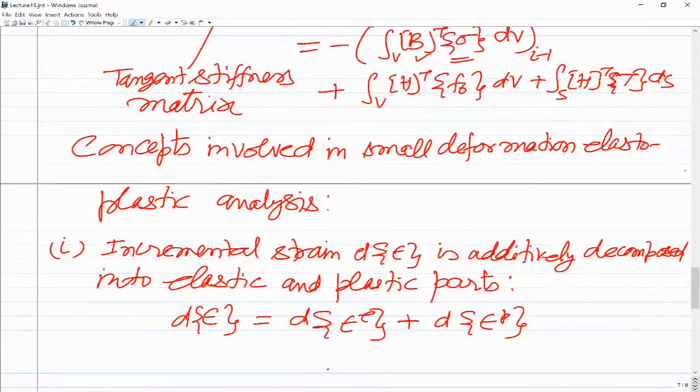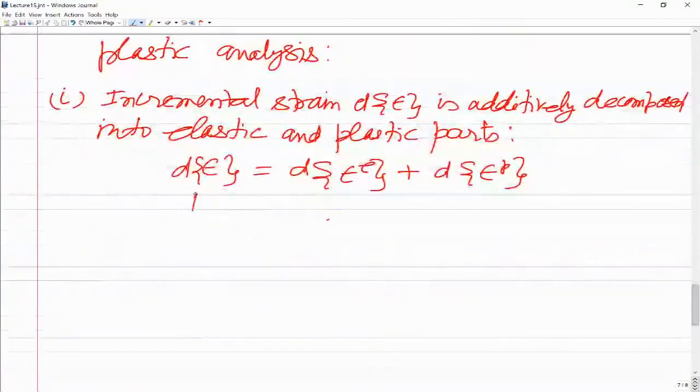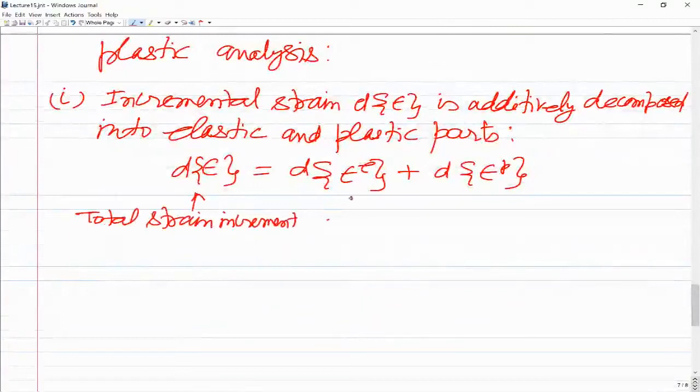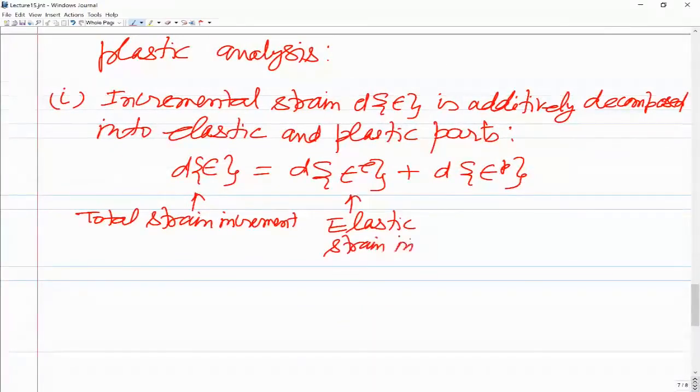That you should keep in mind. This is the total strain increment, this is the elastic strain increment, and this is the plastic strain increment.